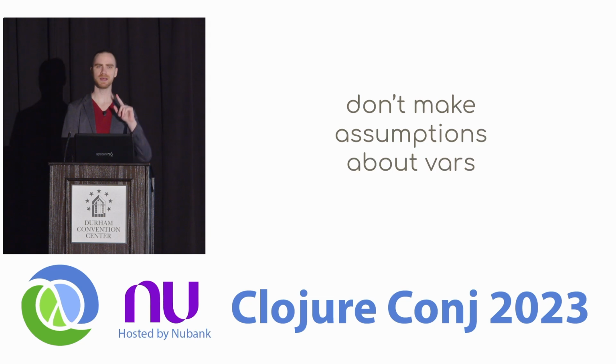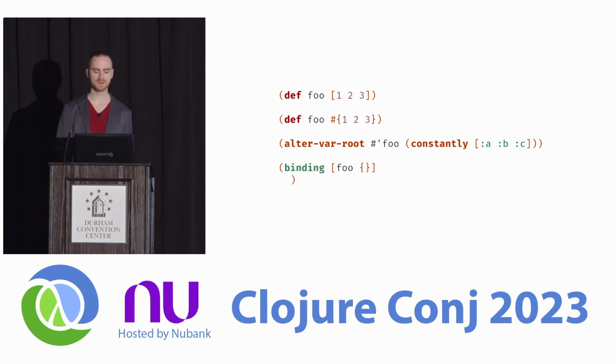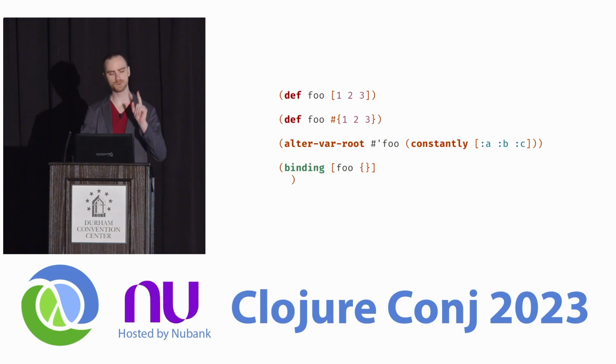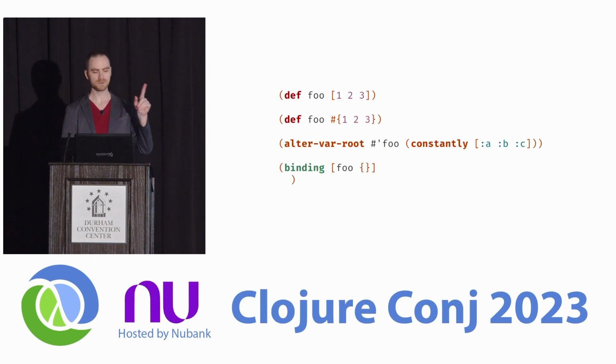But this didn't stick in my head. No, I kept thinking I could. So let me have another slide here. For those of you who are like me, you can redefine a var to have any other value of any other shape at any other time from any thread. You can also alter the var's root. You can also, for some vars, bind it, right? That's a mess.